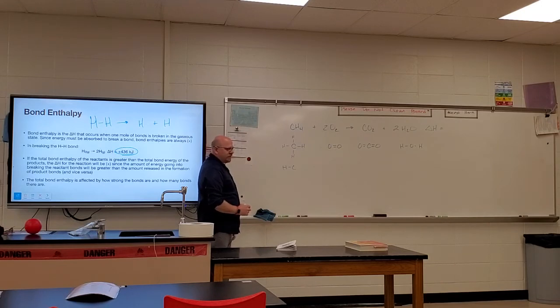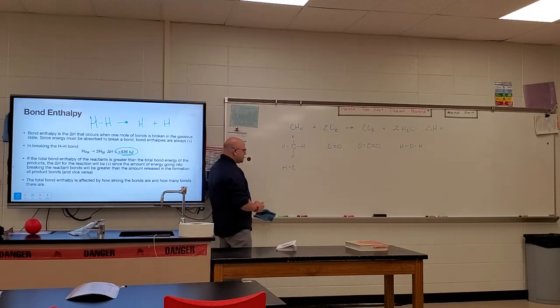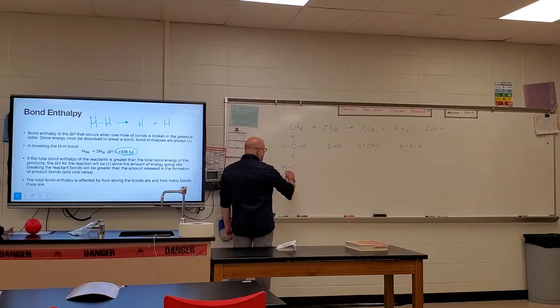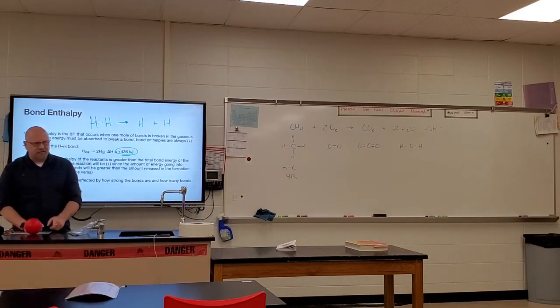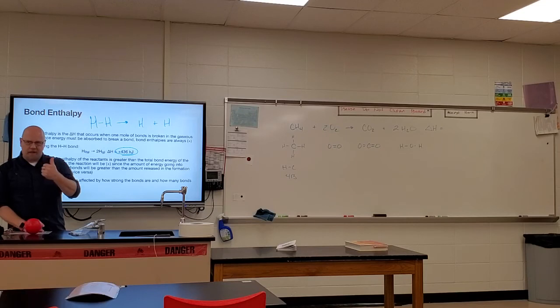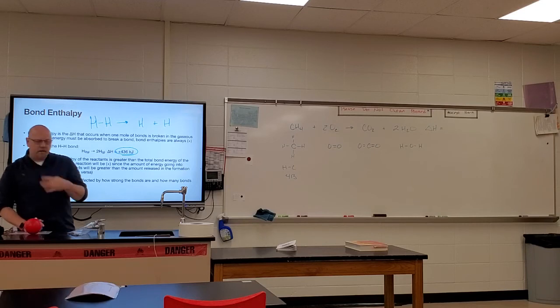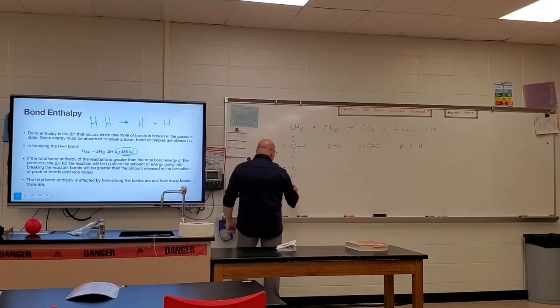You're going to have to go to the bond enthalpies table. It should be up near the top. Yep, single bond, 413. That's 413 kilojoules per mole of those bonds. How many moles of those bonds are we breaking in this? 4. So we would need to multiply this value by 4.